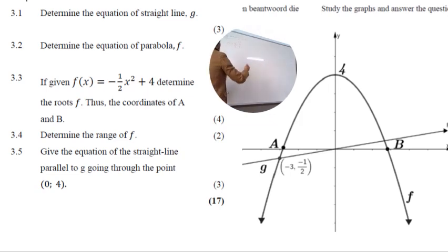Now what is the one coordinate? Let's say that is the one coordinate that I have there. And what is my other coordinate that I have that's on the line? Negative 3 and negative 1 over 2.